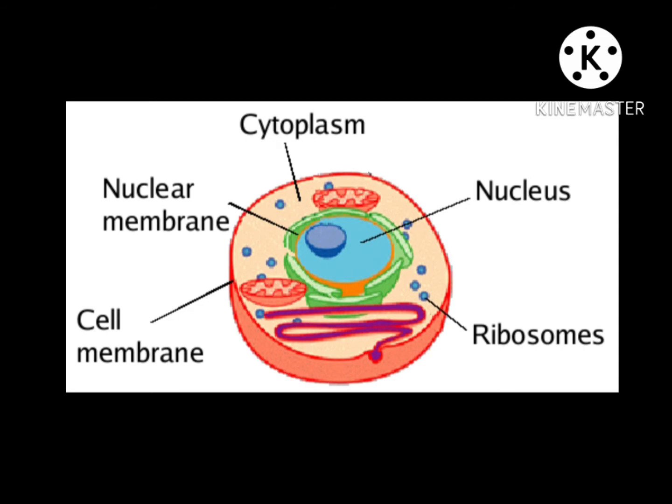These are present in the cytoplasm, or sometimes attached to the surface of the endoplasmic reticulum, as we know before. Ribosomes are also known as basophilic granules. Why are they known as basophilic granules? Basophilic means small or minute. Hence we call ribosomes basophilic granules.